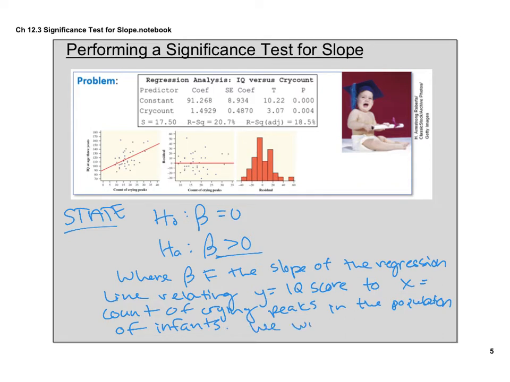We will use, name your alpha level, alpha 0.05. Okay. So you've got null, you've got alternative, you've got parameter, you've got alpha level.